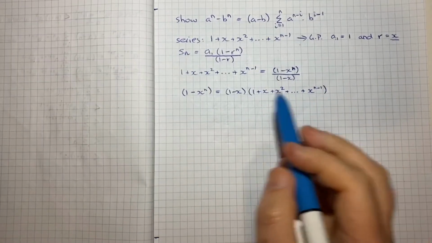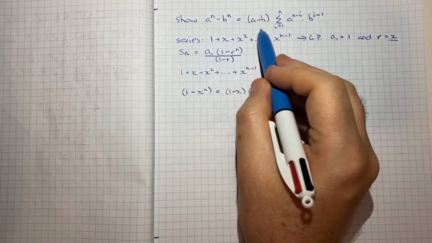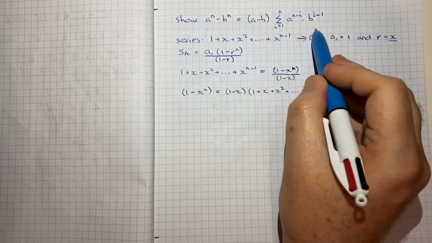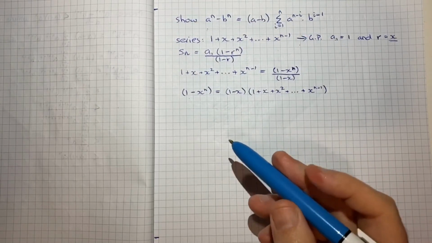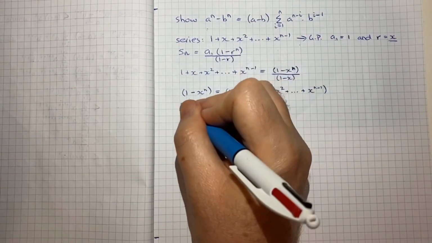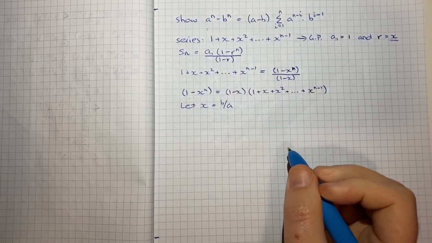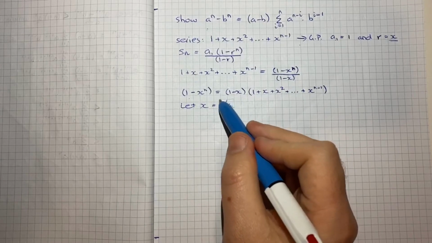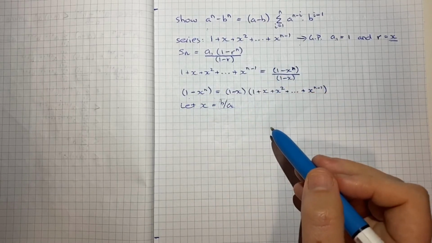So this now is what we're going to use as the basis for proving the result that we relied upon for our ultimate proof. And the way we can get there is we can let x equal b on a, and then simply insert b on a into what we've just demonstrated using geometric progressions.